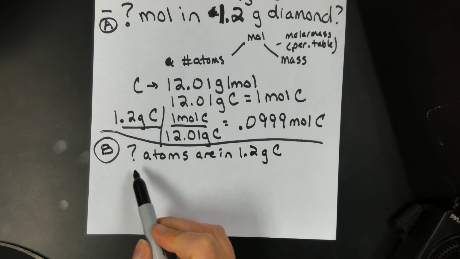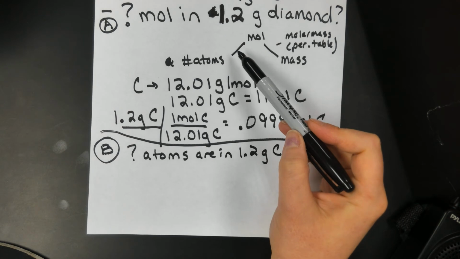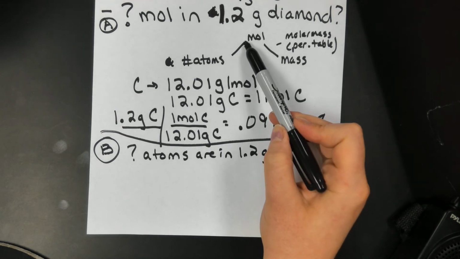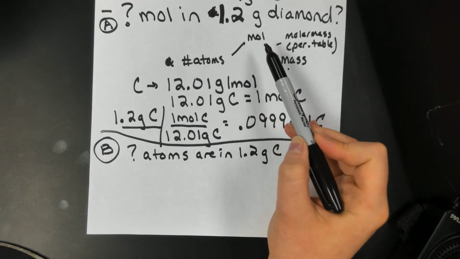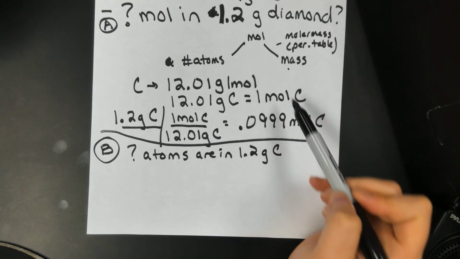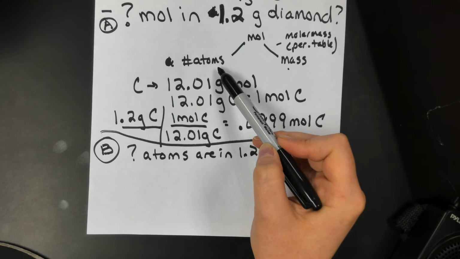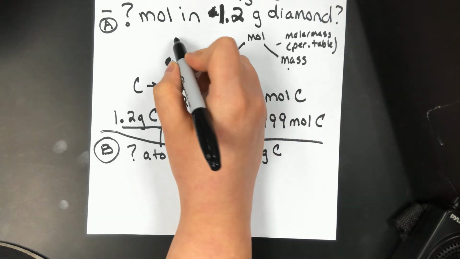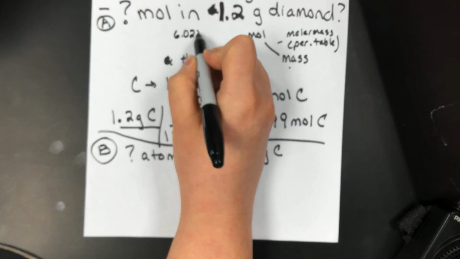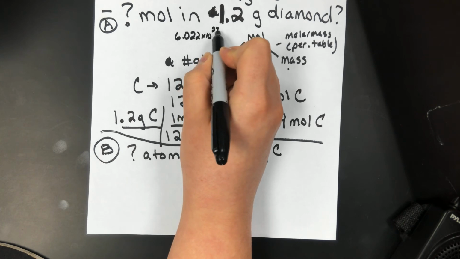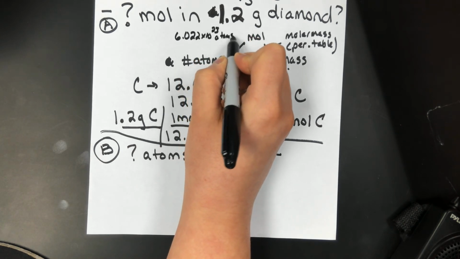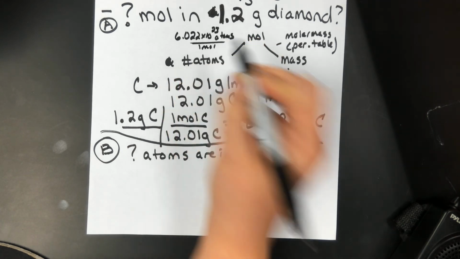Then I say to myself, I go back to my mole mountain: atoms to moles, moles to mass. In this case, I already know moles because I just found it. How do I go from moles to atoms? Use Avogadro's number, the 6.022 times 10 to the 23rd atoms per 1 mole.